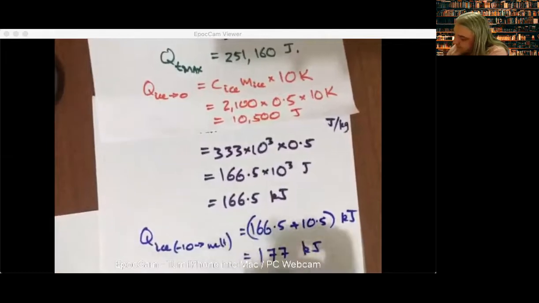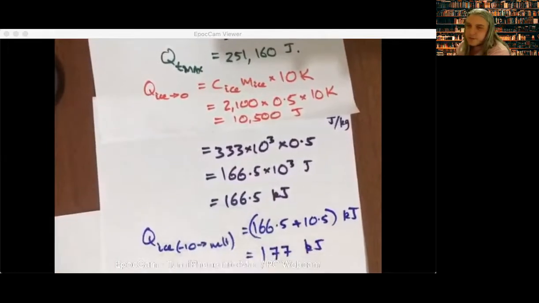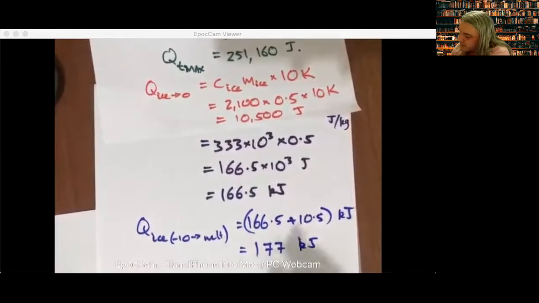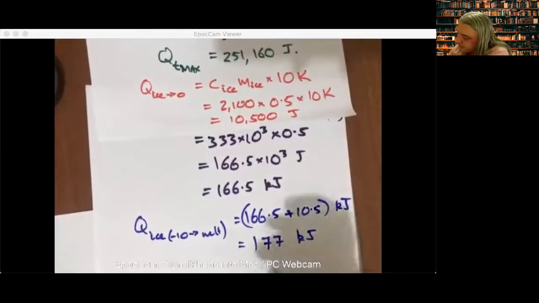So this isn't the final stage of our system, this is just once the ice has finished melting completely. Once the ice has finished melting completely, the tea has lost 177 kilojoules.